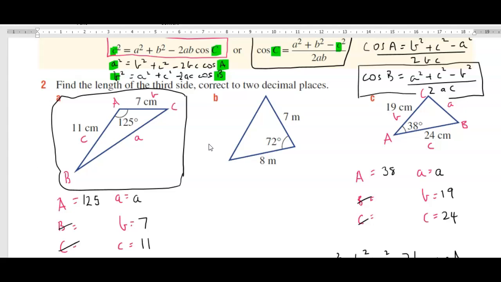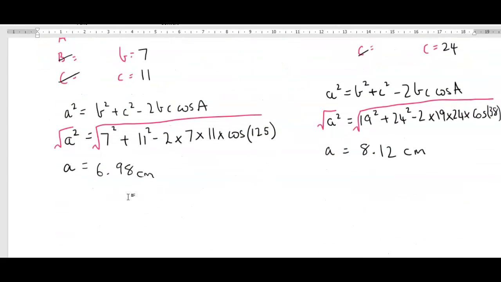So your biggest side is always opposite your biggest angle. So A should be bigger than 11 and 7, and I should have questioned my answer of 6.98. So I'm going to rub that out and do it properly now.